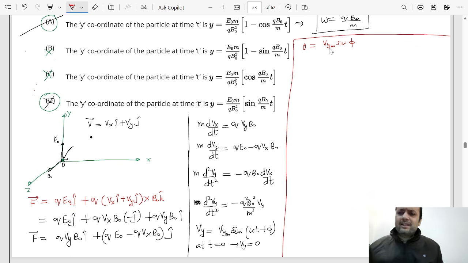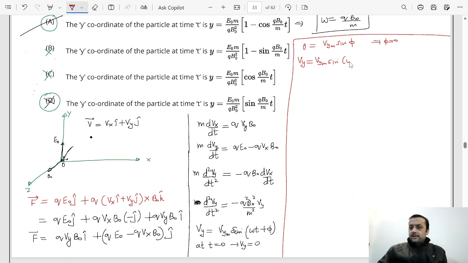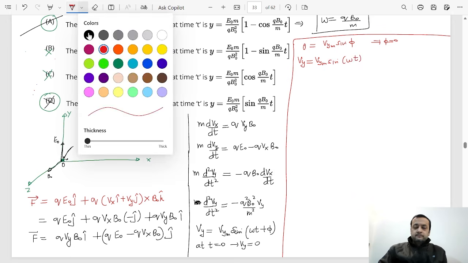Clearly the maximum velocity in y is not 0, because the particle is definitely going to move along the y-axis. That means phi must be 0. So the velocity in y becomes vym into sine of omega t.